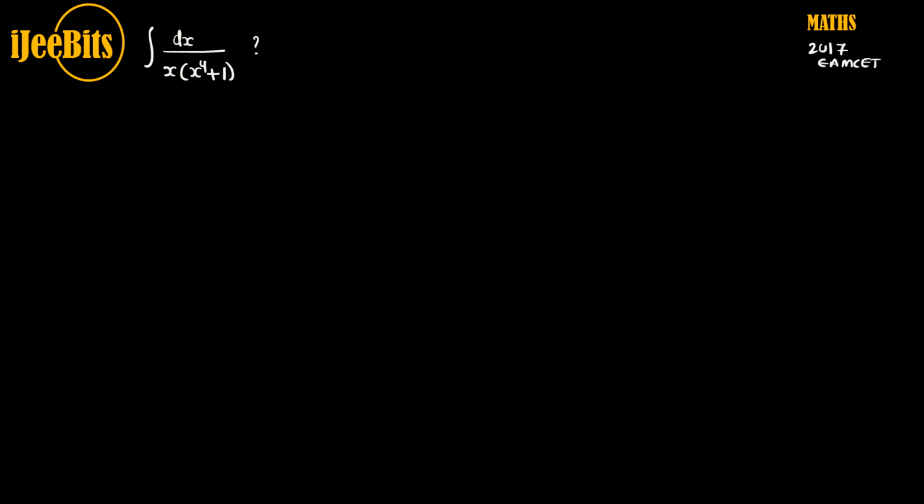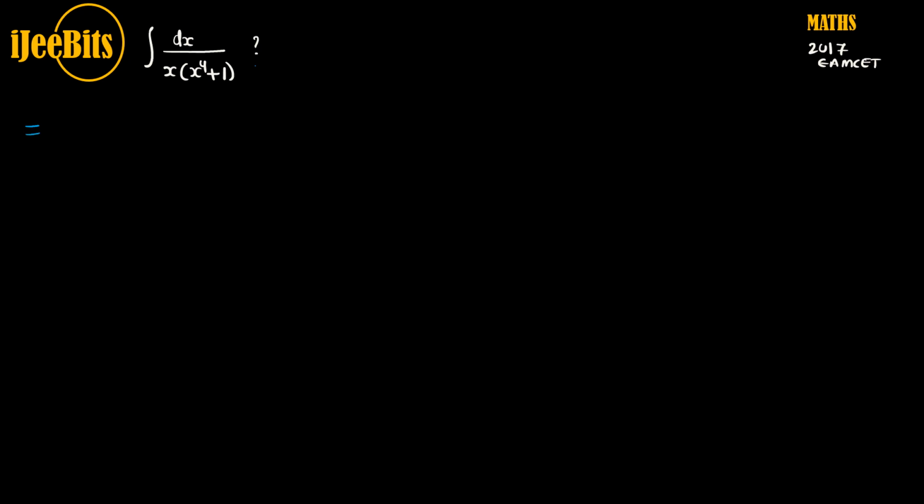Next problem, integration of dx by x into x to the power 4 plus 1. Think about it, how to do this. A partial fraction method would be easy for solving this one.